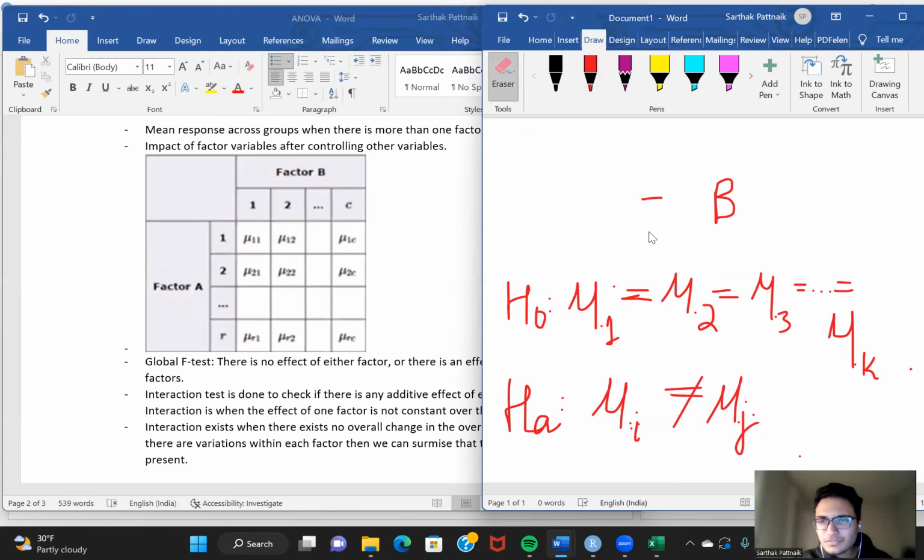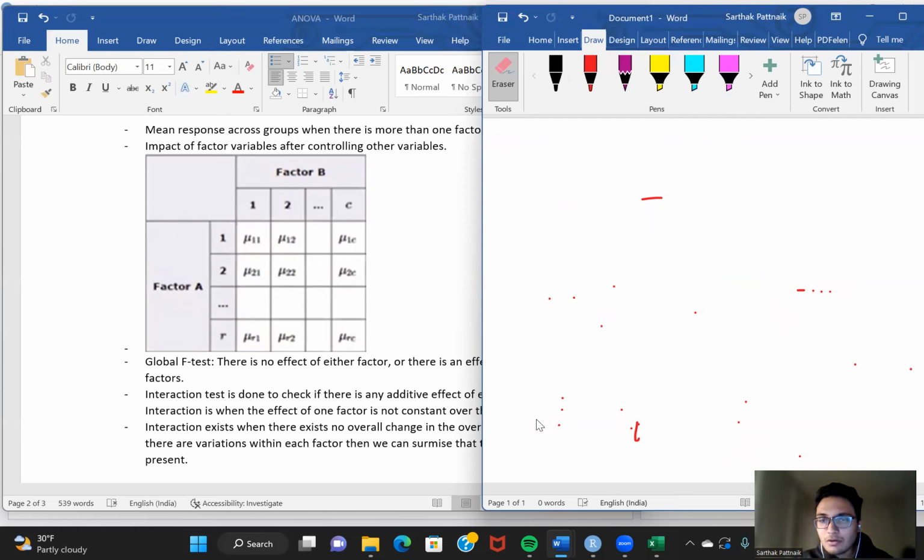Before I go over explaining how exactly we can check whether the two factor variables in our data set are interacting or not, I want to try and pontificate on what exactly an interaction is in a two-way ANOVA scenario.